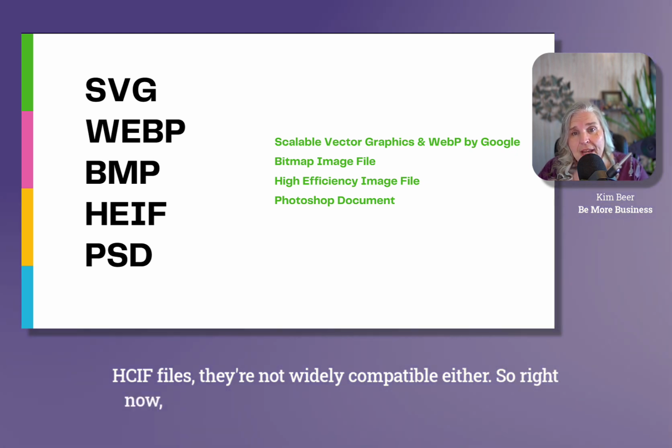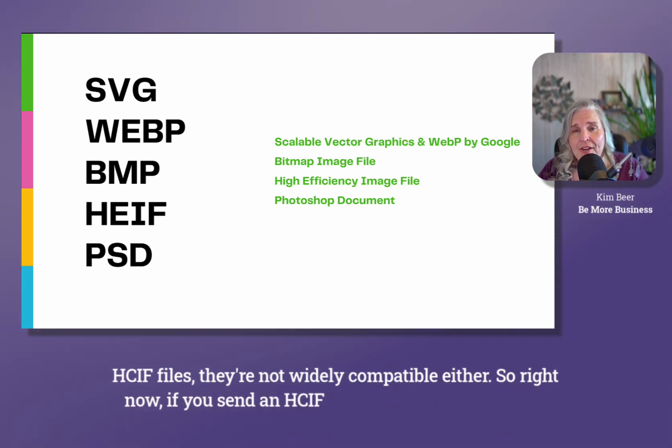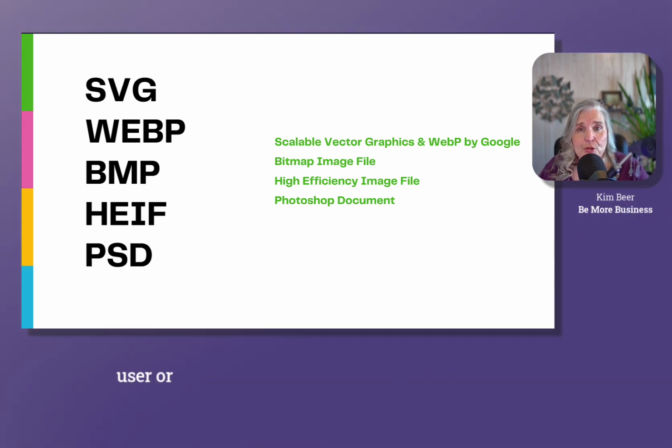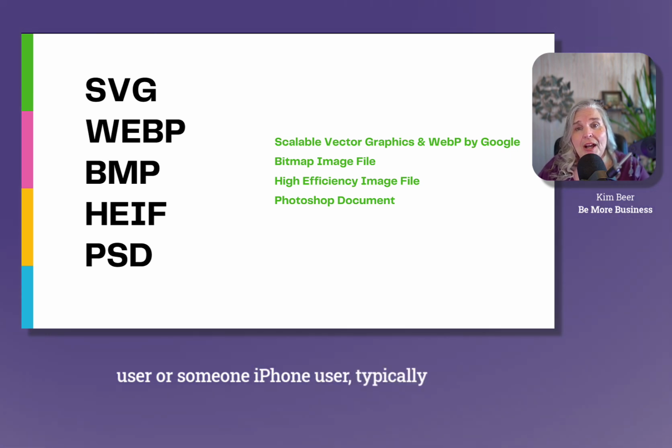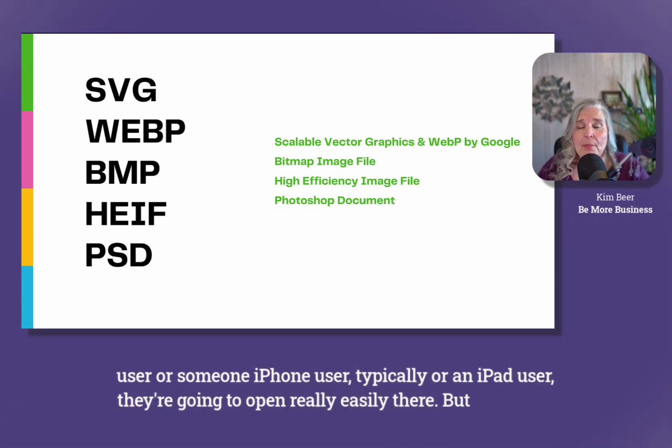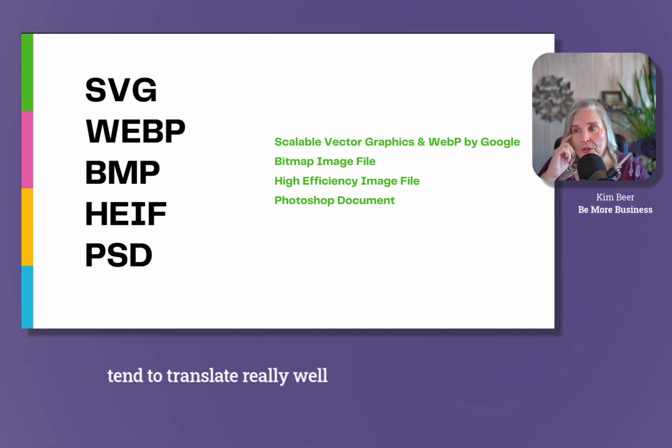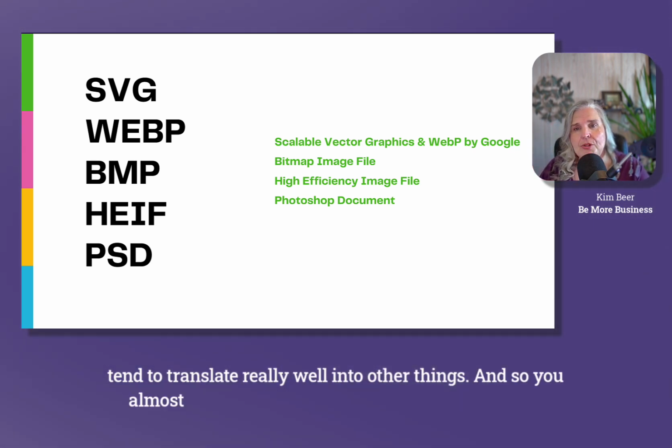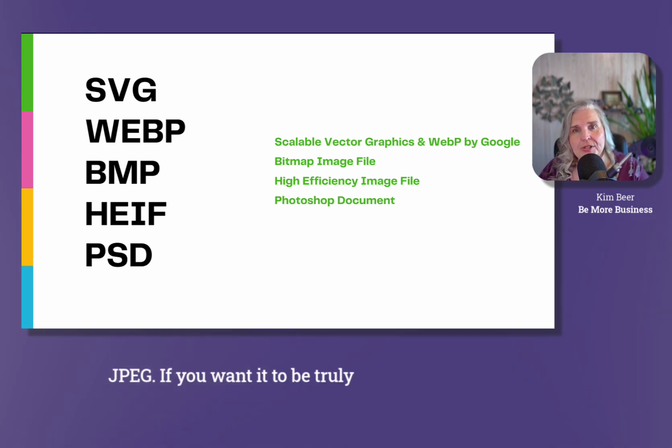So right now, if you send an HEIF file to another Apple phone user, so an iPhone user, typically, or an iPad user, they're going to open really easily there, but they don't tend to translate really well into other things. And so you almost always need to save them or send them as a JPEG if you want it to be truly compatible across a lot of devices.